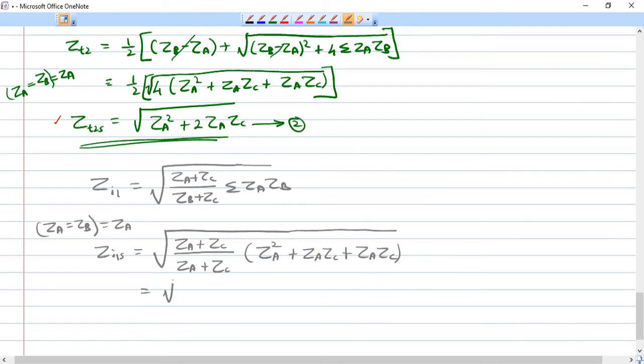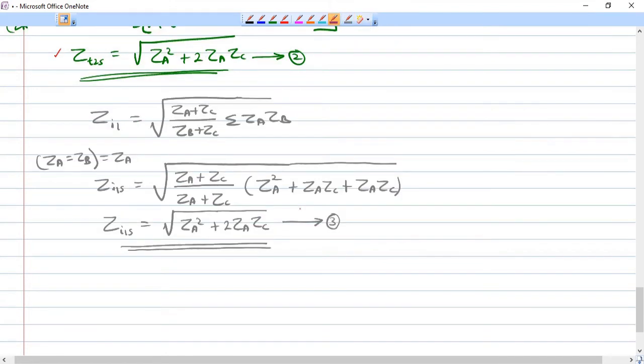So with some simplification we can get ZI1S as square root of ZA square plus twice ZA ZC. Okay. So this is our equation number 3.